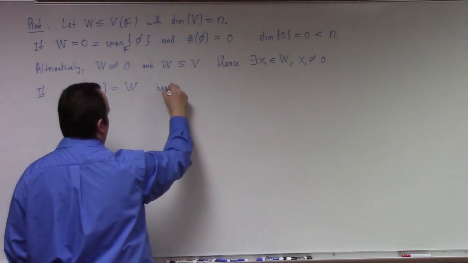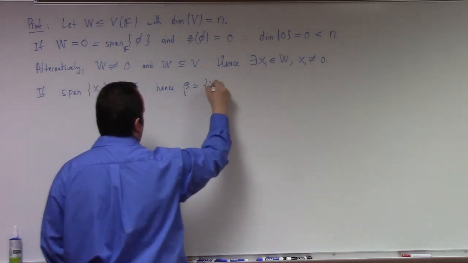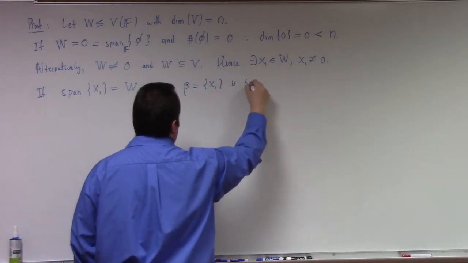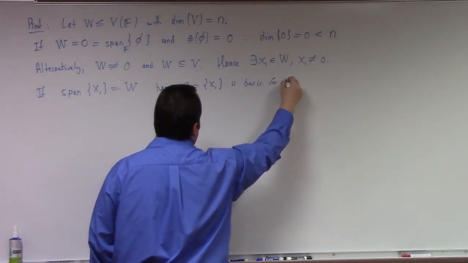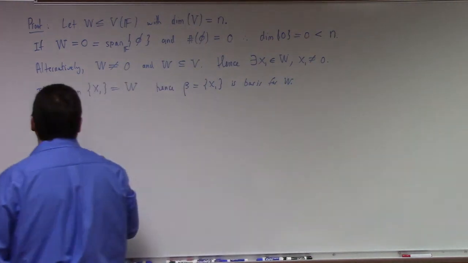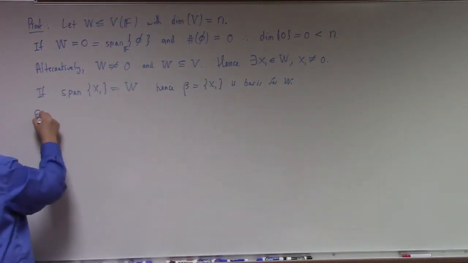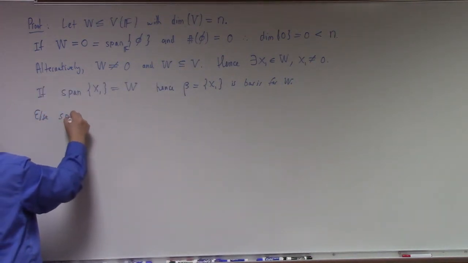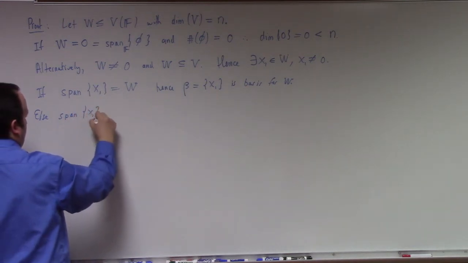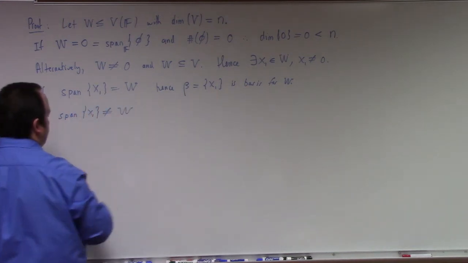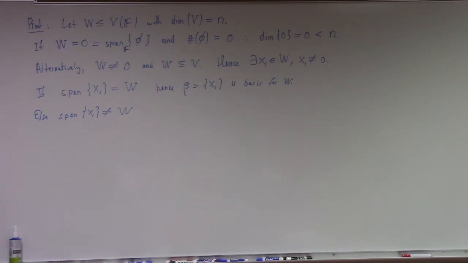Hence, beta equal to x1 is a basis for W, right? Else, the span of x1 is not equal to W, right? So what's that mean?